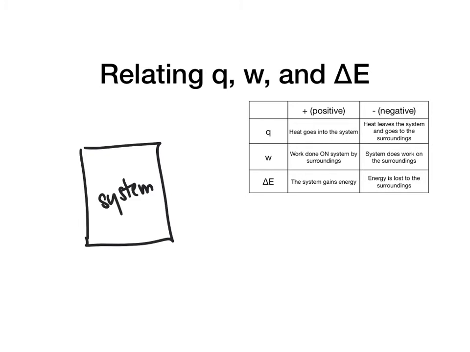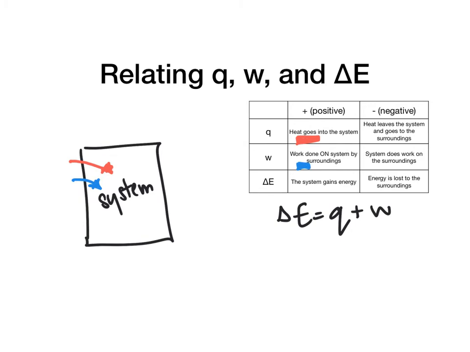So if we have heat going into the system, which would be this, positive heat in, positive work in. So work is done, heat goes into the system, work is done on the system. Then delta E is also going to be negative. So don't forget that the equation that we're talking about here is delta E equals Q plus W.